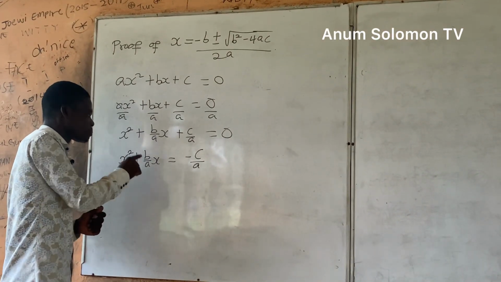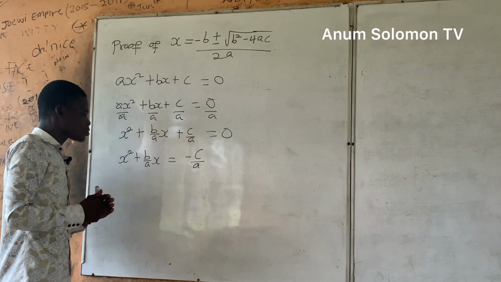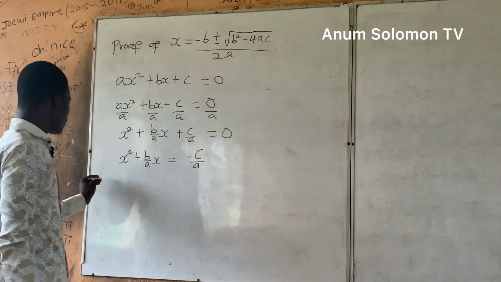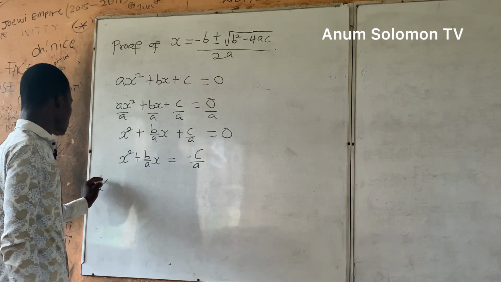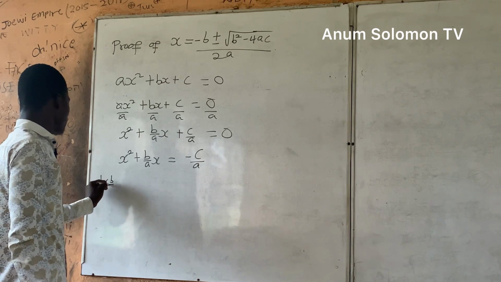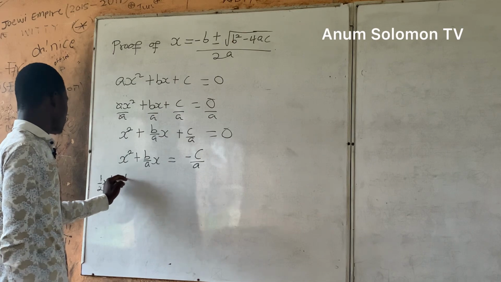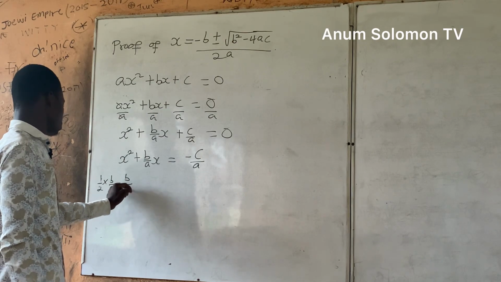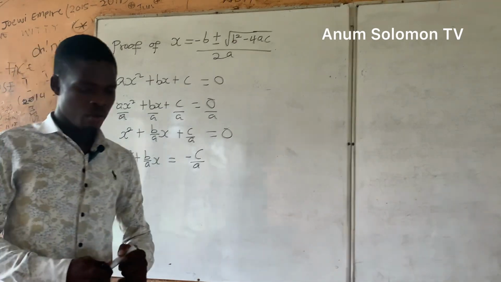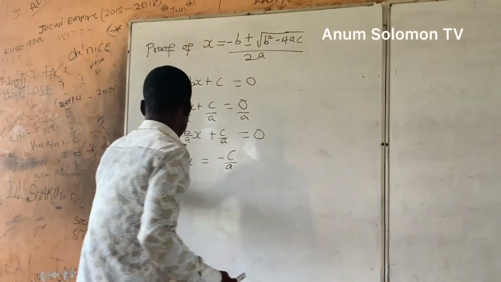Here the coefficient of x is b over a. Half of it means 1 over 2 times b over a, so we get 1 times b, 2 times a is 2a. So we are going to get b over 2a.